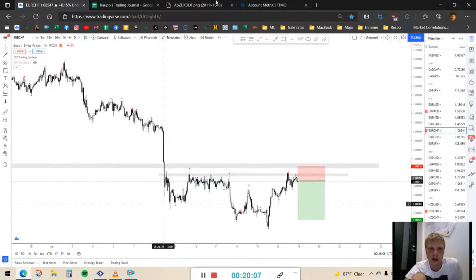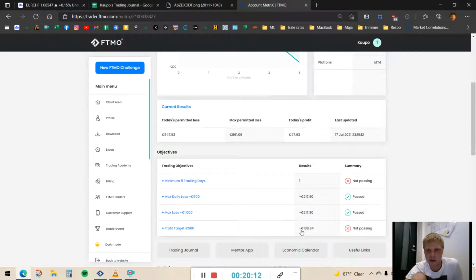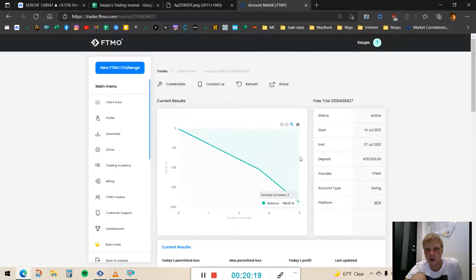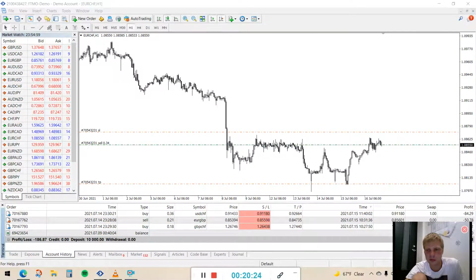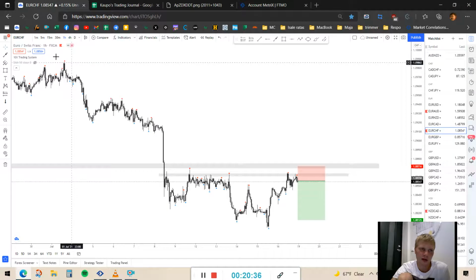So right now I'm down like 180 something, I think. Yeah, 186. One of my trades was a little bit with a bigger stop. It was the CHF, because the price action for the FTMO liquidity provider and the currency.com that I'm using, oh, for some reason this is FXCM.